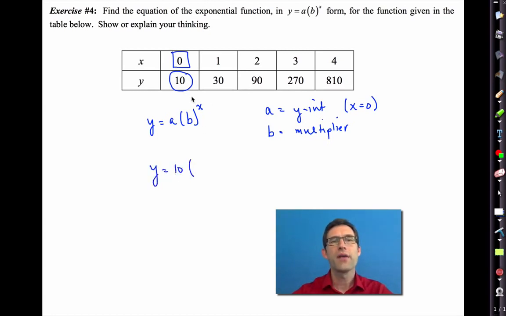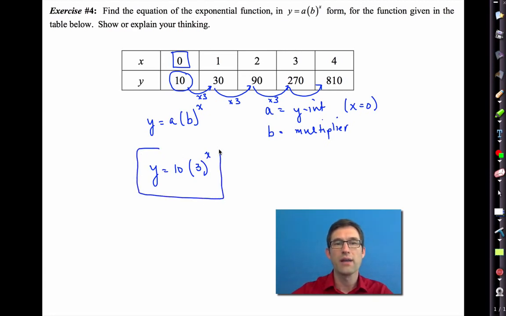All right? On the other hand, B can be found by thinking about what we do to go from each one of these y values to the next one. And what we're doing each time is multiplying by 3. So B is 3. So this exponential function is y equals 10 times 3 to the x.